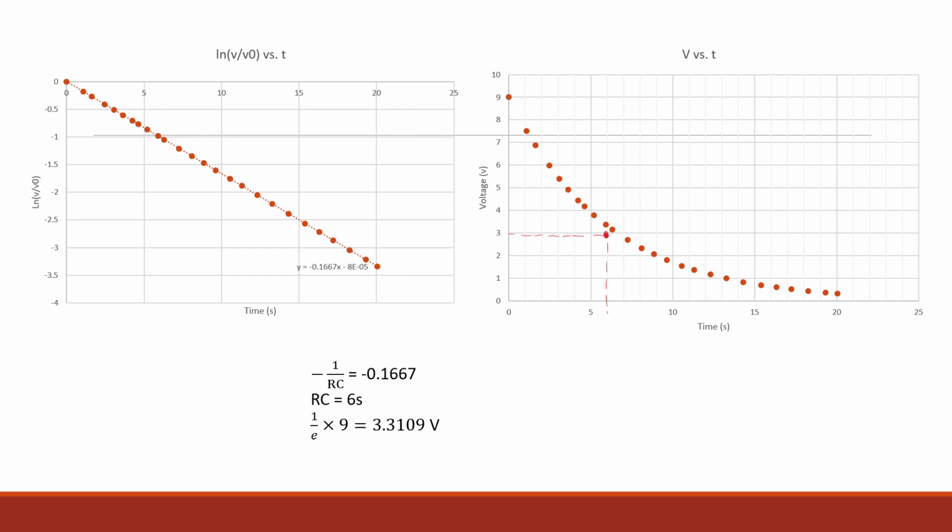This plot yields a straight line with a slope of -1 over RC equals -0.1667, with RC being the time constant of the circuit. RC is then calculated to be 6 seconds.